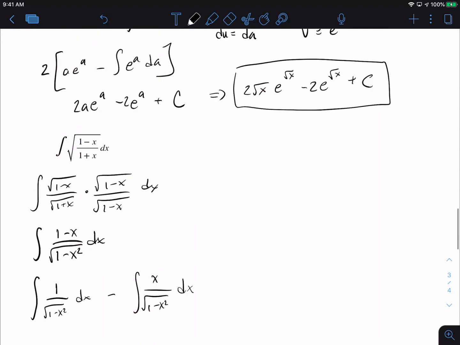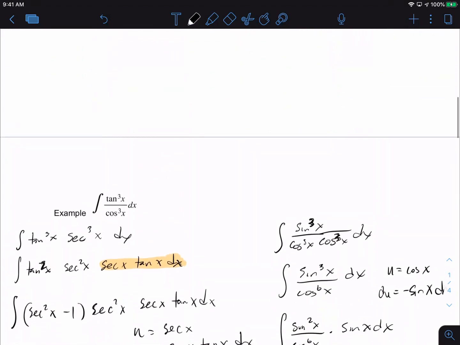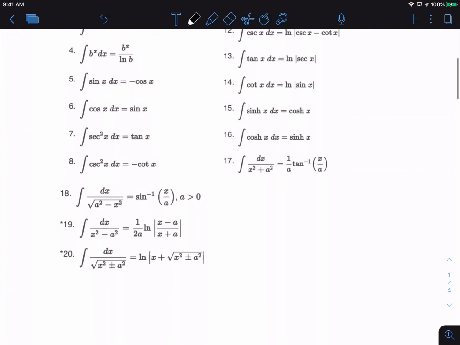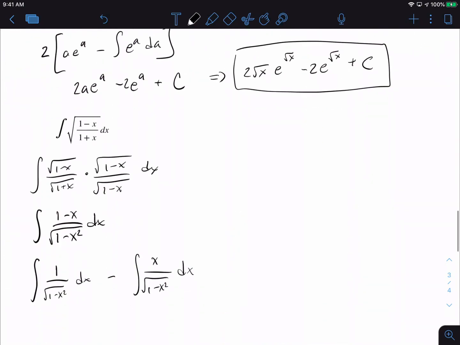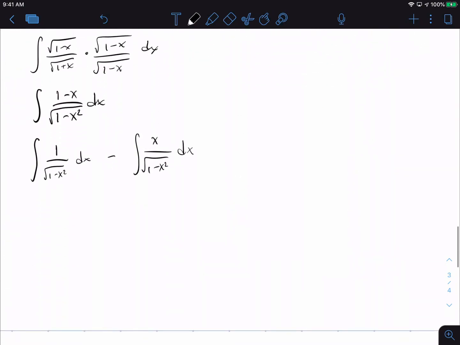There's an efficient way, and the efficient way is how I started the day. It's this guy right here. Because see how we end up with 1 over the square root of 1 minus x squared? We know that that's going to be sine inverse. And so knowing this table well to reference is going to save us time, as opposed to trying to do trig sub on this problem.